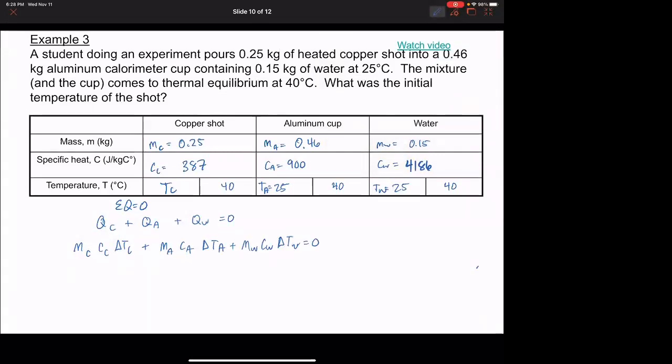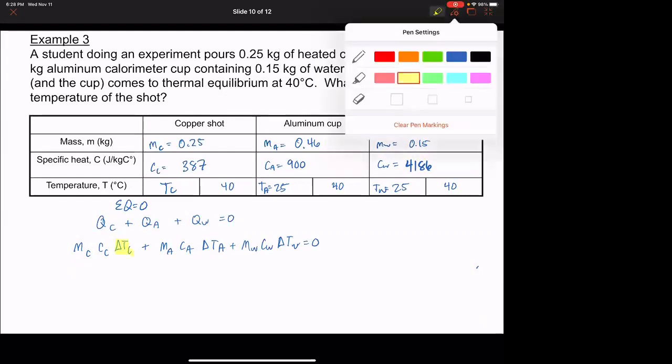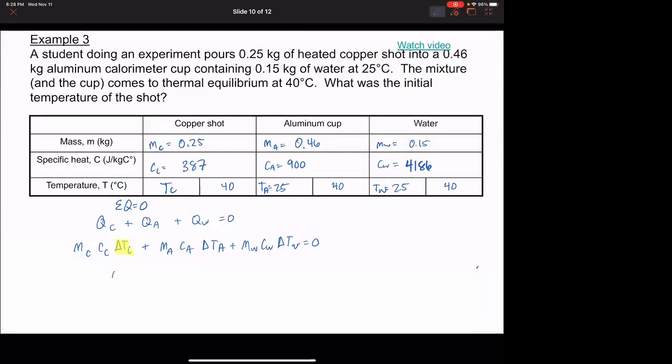So let's go through here, and we got to get TC by itself. This is the one we're trying to isolate. So delta TC equals negative MA CA delta TA minus MW CW delta TW, over MC CC.